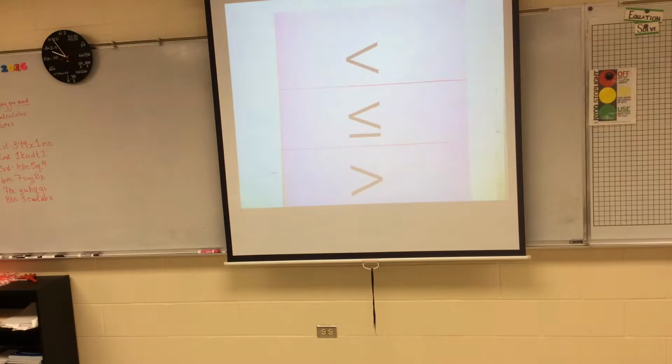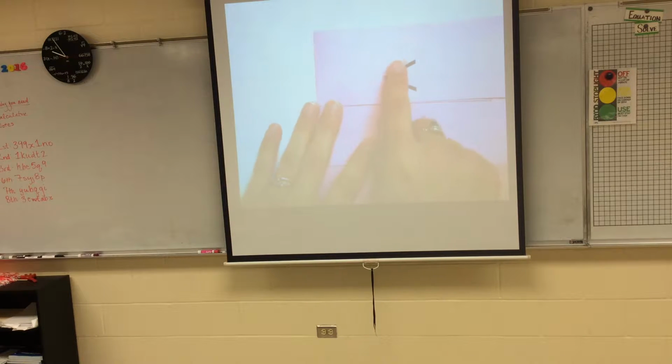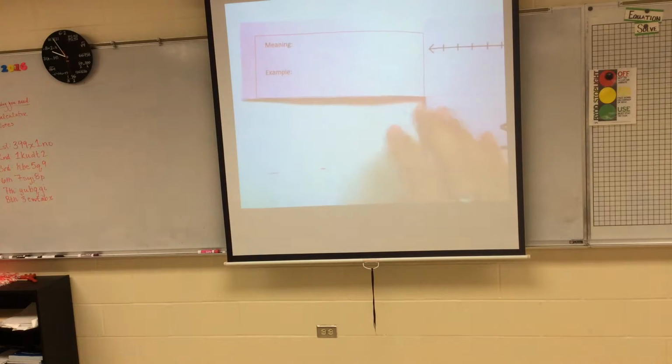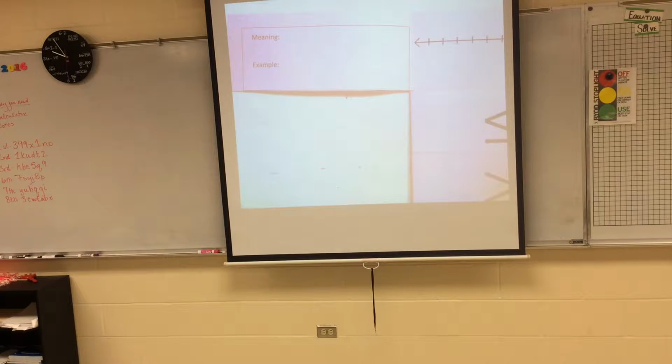All right. So, at the very top, the first one, what's the symbol mean? Well, that's when it's pointing to the left. If it's pointing to the left, then it's less than. So the meaning of the symbol is less than.